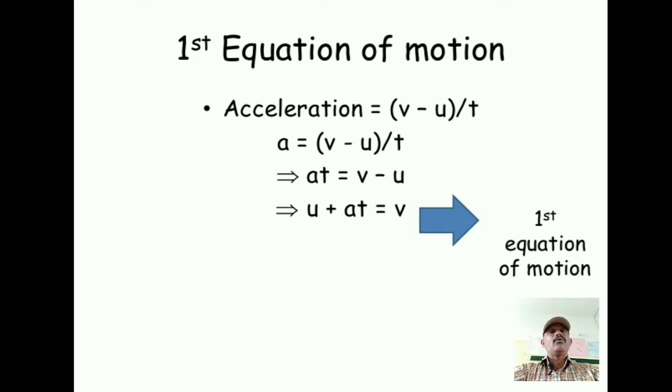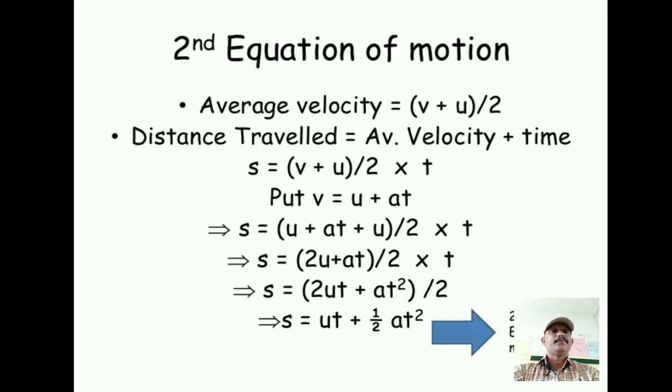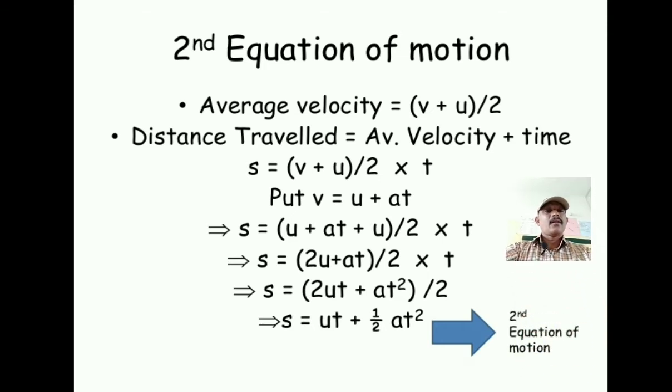Now we go to equation number 2, the second equation of motion. Here we use the average velocity, which is (v + u)/2.